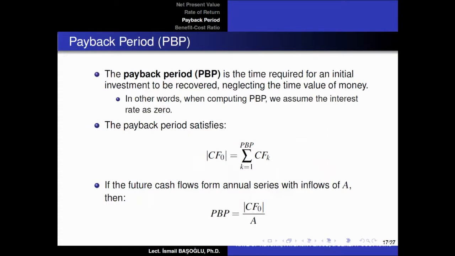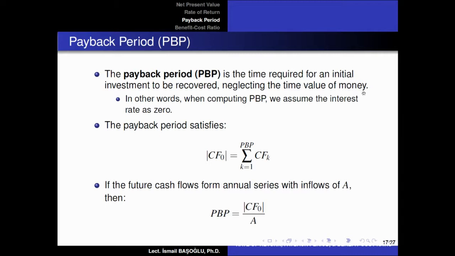Now, we are going to talk about another topic here, which is called the payback period. Remember, the payback period is called a secondary metric which we can use to compare alternative investments. Now, in the payback period, we are not going to use anything that we have learned so far.